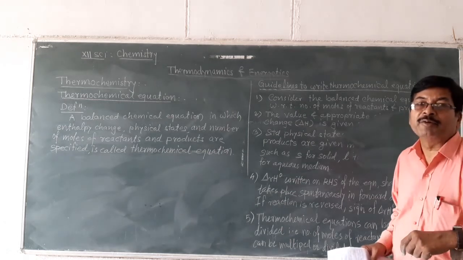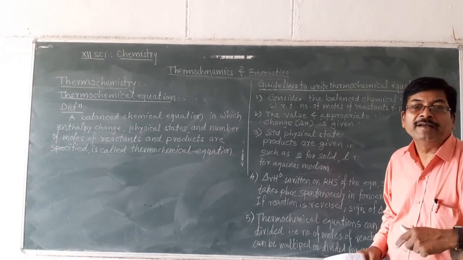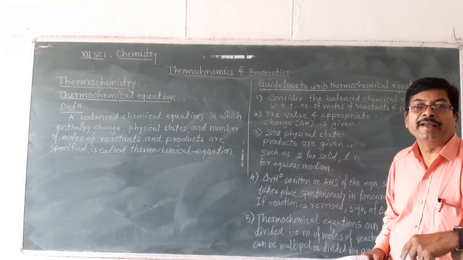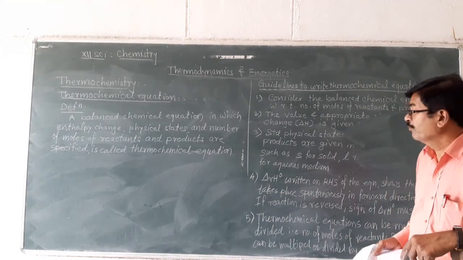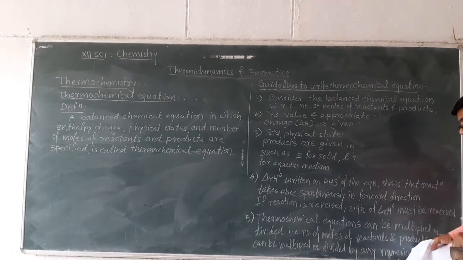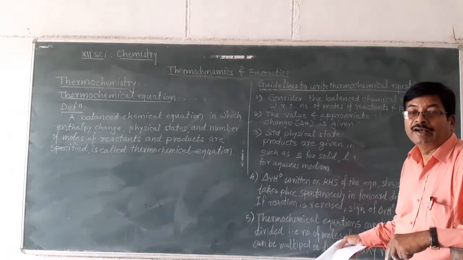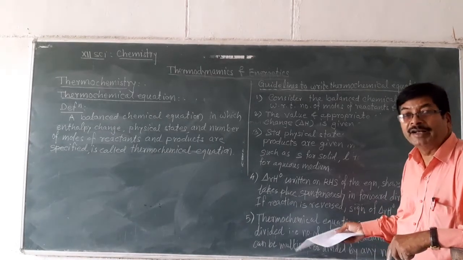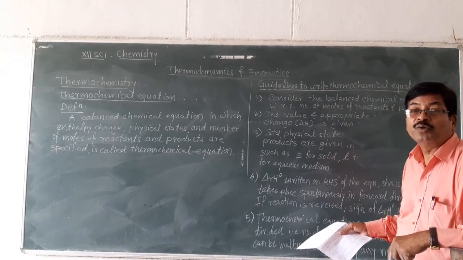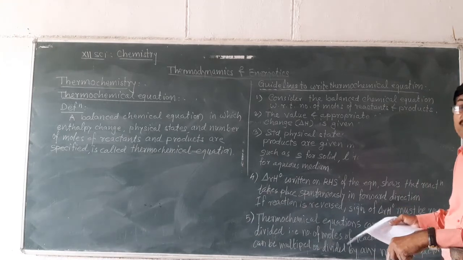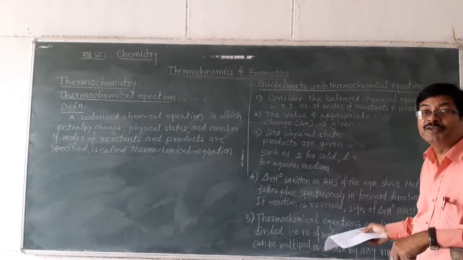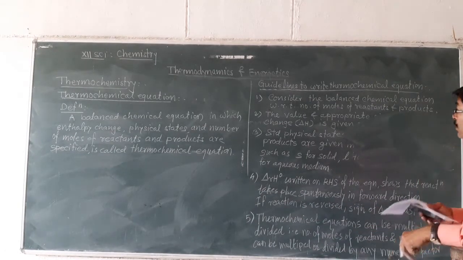Thermochemical equations can be multiplied or divided by any integer. And here, during multiplication or division of thermochemical equation by any number, you have to also multiply or divide enthalpy change by that number. This is important.